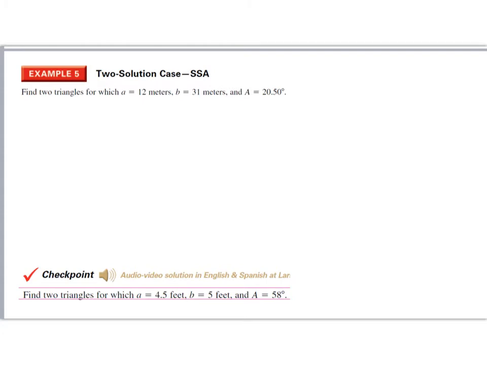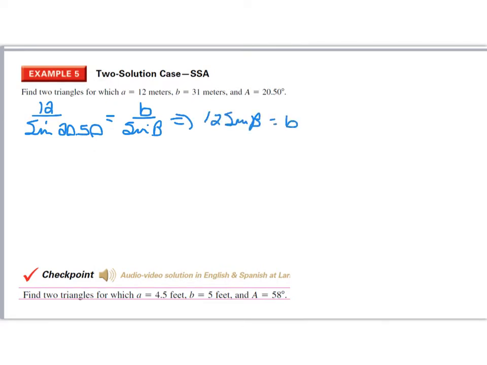We've got a, b, and A, so we know we can do 12 over the sine of 20.50 is equal to b over the sine of B. Cross multiply, 12 sine of B is equal to little b, oops, I'm sorry, which is 31. We need to put that in, which is 31.